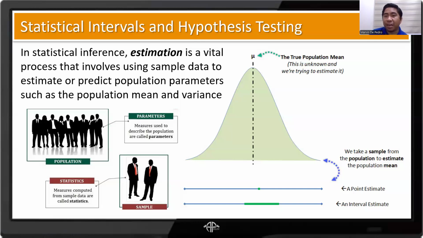Either we consider a point estimate or an interval estimate. A point estimate is a specific value, while an interval estimate is a certain range. For this course, our focus is more on point estimates.